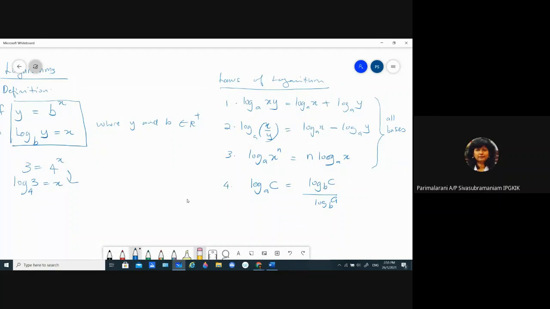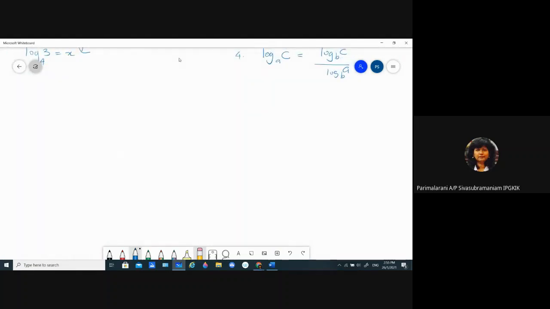So now we are going to look at some calculations, some examples. First example, simplify. So you're given log 4x base 2 plus... okay, how do we simplify this?